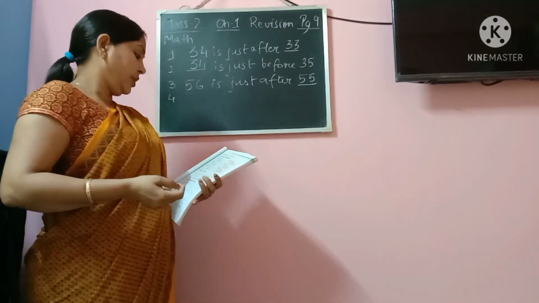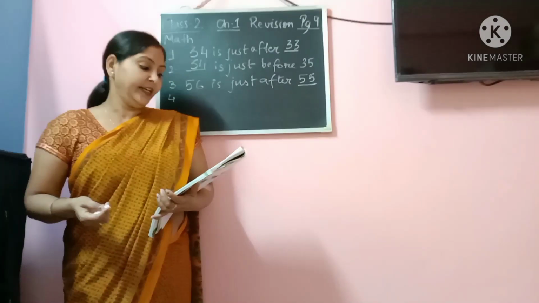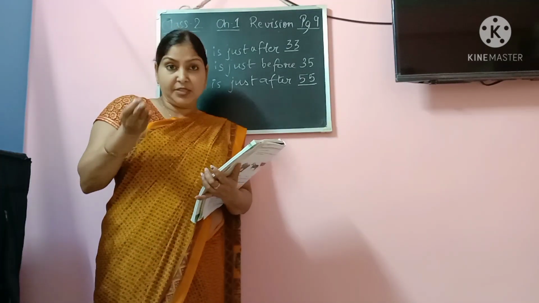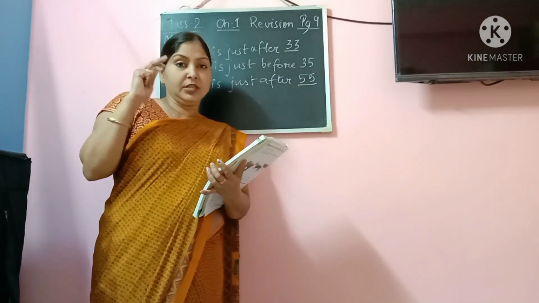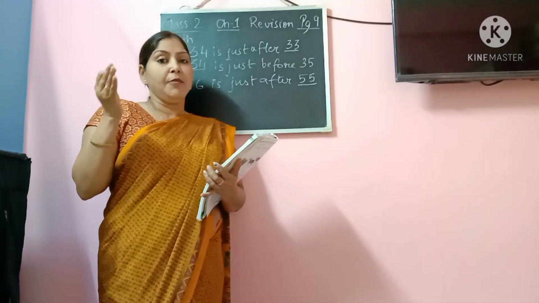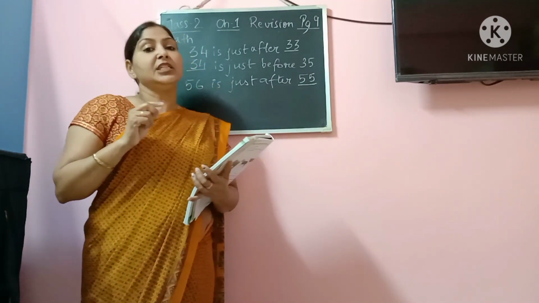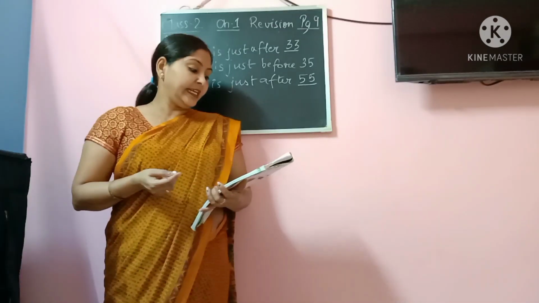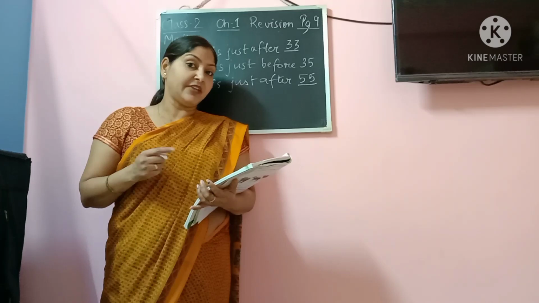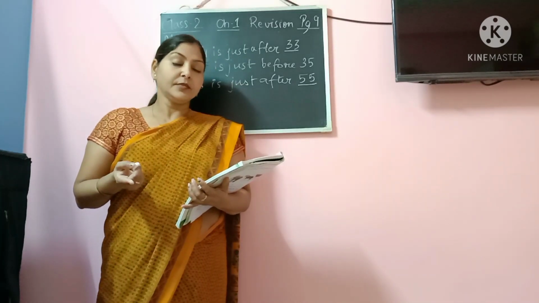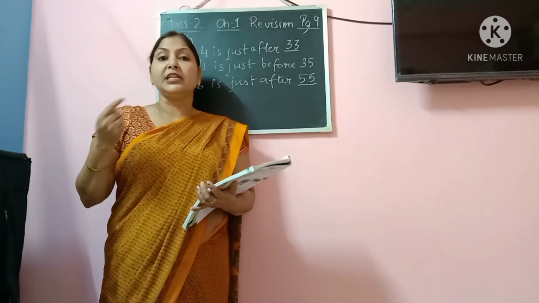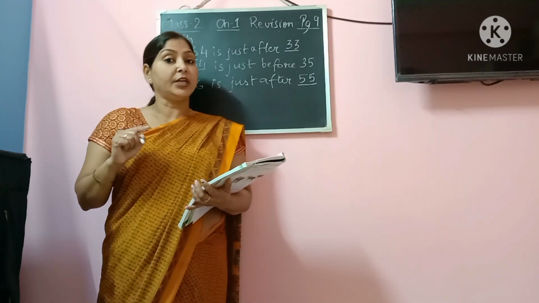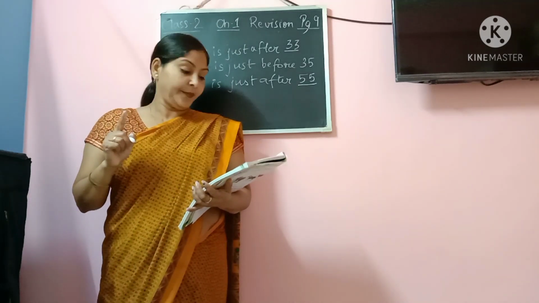Next, number 4. It is said, what is just before 19? Just imagine the counting. Before 19, what comes? Just before 19 is 18. Then next, 45 is just after which number? 45 is just after 44.